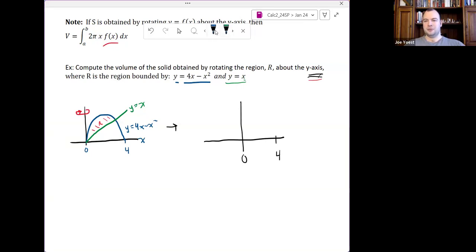I'm going to try to stick with my color scheme here. And I actually don't want to write 4 down right now. I'm going to figure out what that number is in a minute. This is where I'm going to stop adding shells. I'm rotating about the y-axis, so I want a mirror image on the left.